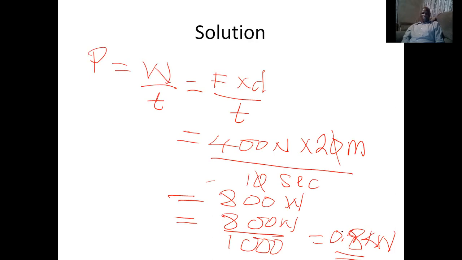With these basic concepts, we can calculate more complex problems in physics.